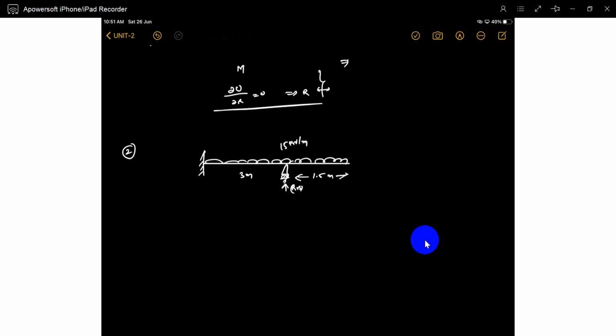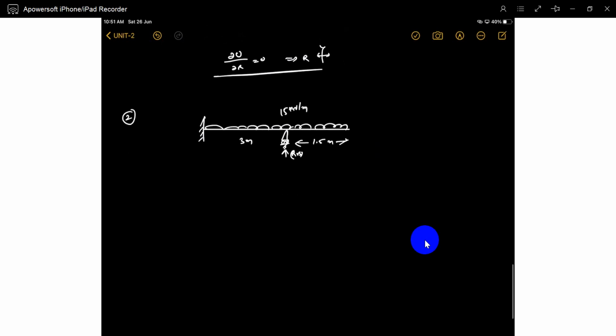So how can you find out the RB? You can go through the deflection method. So how can you find out the deflection? What is the bending moment diagram? No need to calculate. What is the bending moment diagram? 15 into 4.5 into 4.5 by 2.